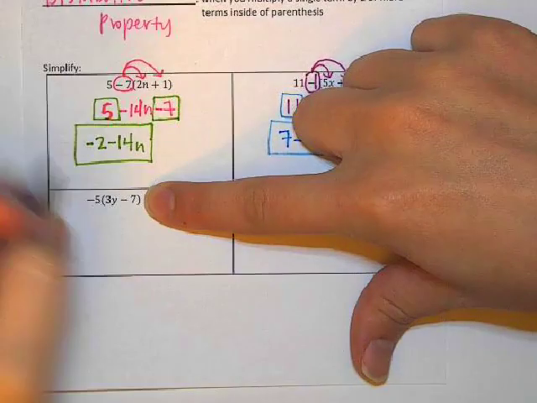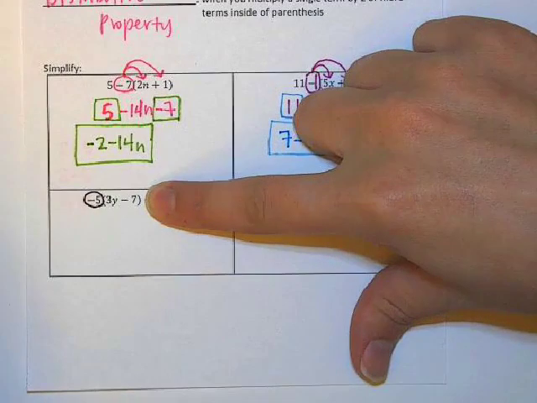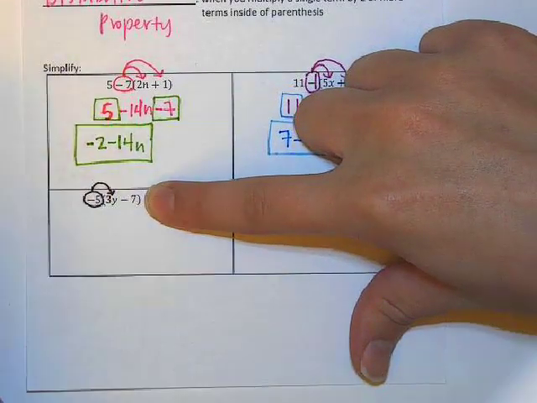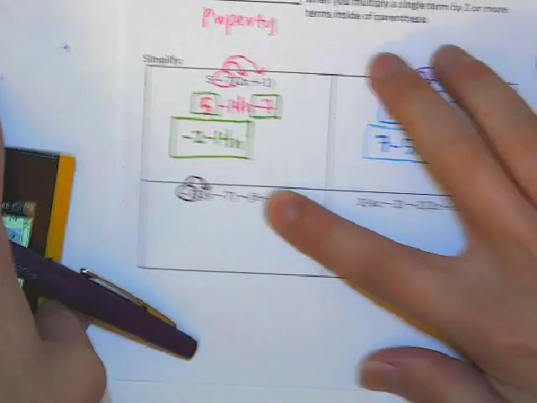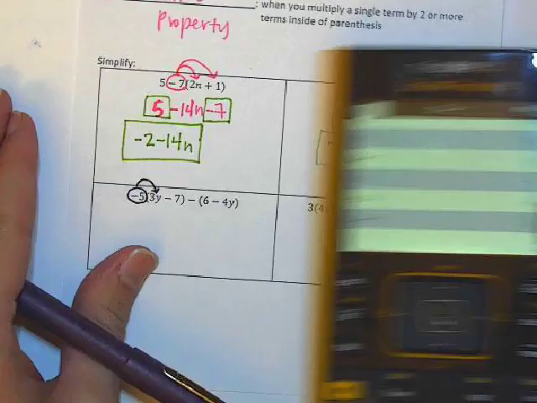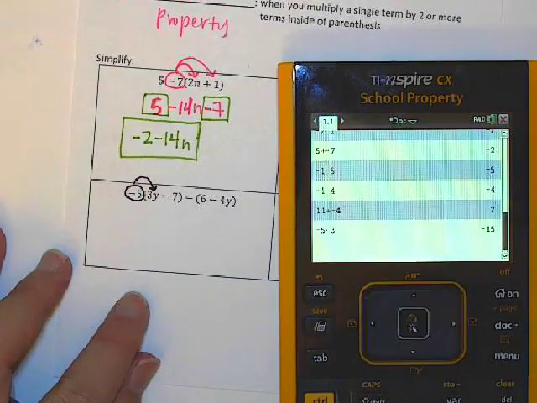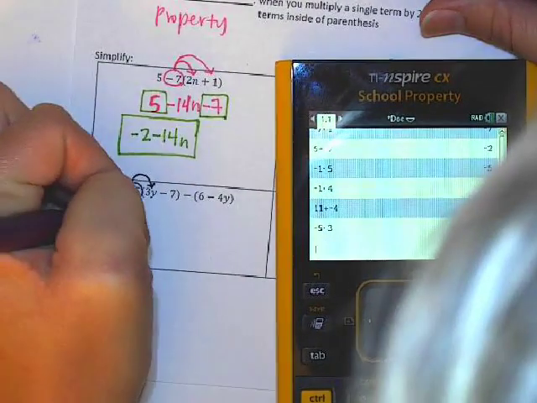The negative 5. That's where I'm going to start. I'm going to say negative 5 times 3y. So I go to my calculator. Negative 5 times 3 gives me negative 15, and it's got to have a y.